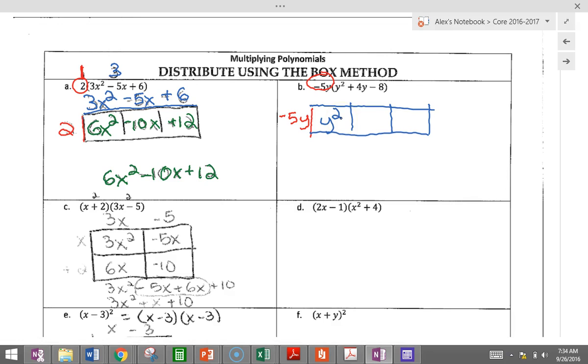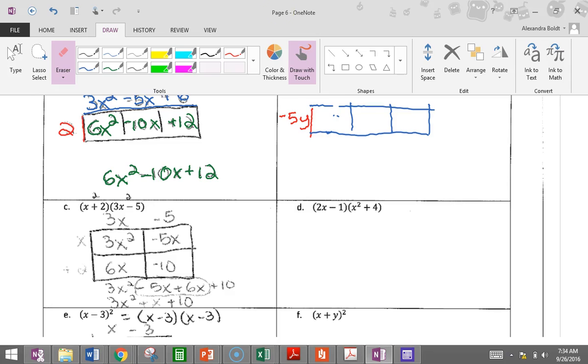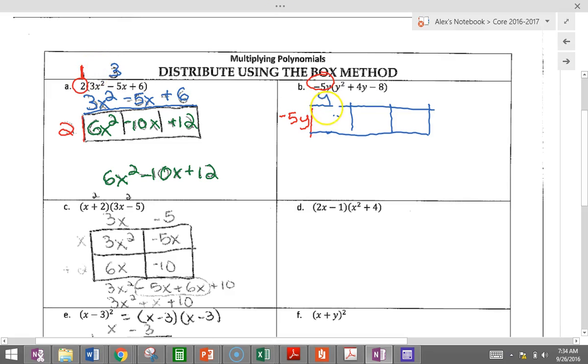That's not where the y squared goes. It goes on top. Then we have y squared plus 4y minus 8. Make sure your signs get placed with the number that comes right after them. This is a positive 4y because of that plus sign there.